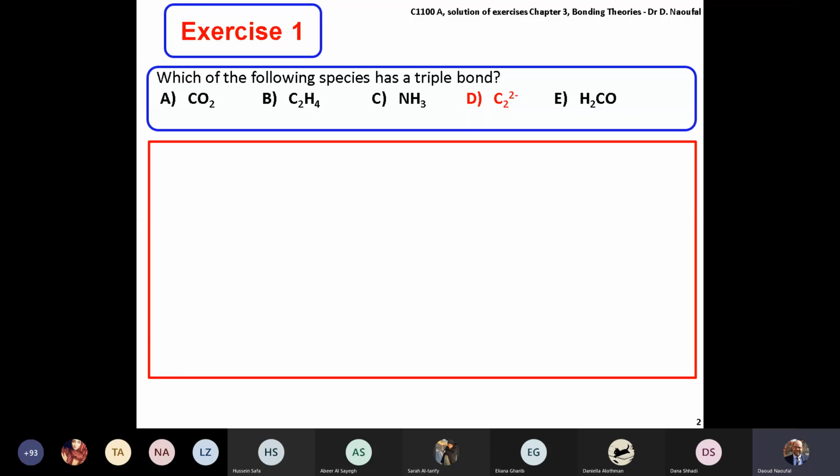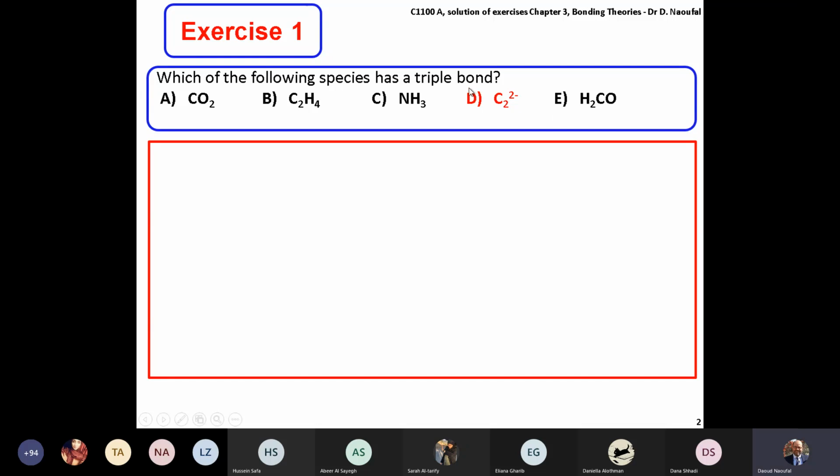Which of the following species has a triple bond: CO2, C2H4, NH3, C2 2-, H2CO? So now we have to find the strategy to solve this exercise.